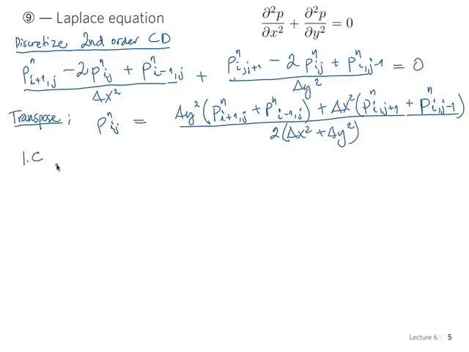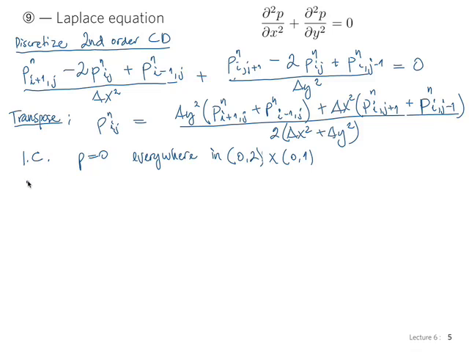You're going to start with an initial condition. Let's call it initial condition P equal to 0 everywhere. You're going to calculate in a domain between 0 and 2 in the x direction and 0 and 1 in the y direction. This is a little sloppy, so let me write it again.